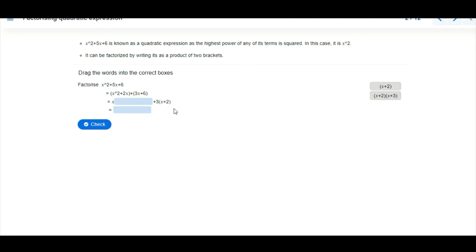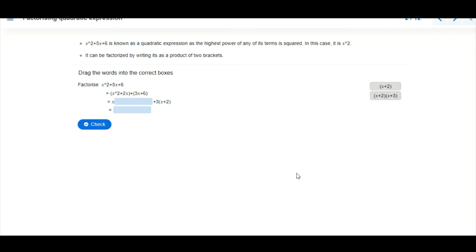We have to factorize x squared plus 5x plus 6. How are we going to go about that? Under factorization, we look at the coefficient of x, not x squared, the coefficient of x. You look for two possible values that when added together give 5, and at the same time when multiplied together give 6.